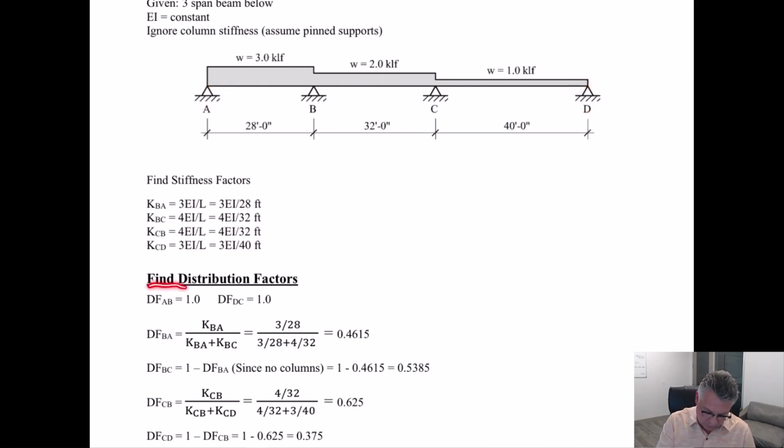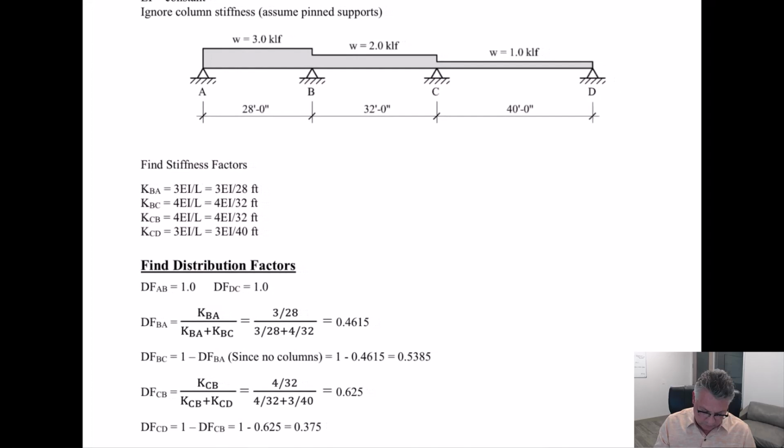So the distribution factor at AB and DC is 1. We only have one element framing into that joint, so it's got to be responsible for 100% of any unbalanced moment. In the interiors, we've got 2 beam segments coming into the same joint, so we're trying to figure out what percentage goes here and what percentage goes here.